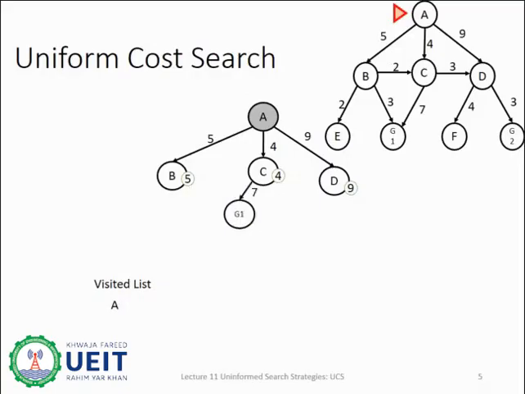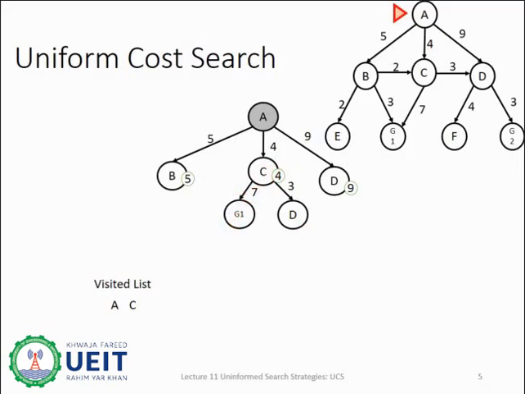By expanding C, we will get two children of C, which are G1 and D. By looking at the original graph, we can go to G1 from C, and we can go to D from C. We can go with the cost of 7 to G1 and with the cost of 3 to D. We will write all these nodes in the spanning tree.